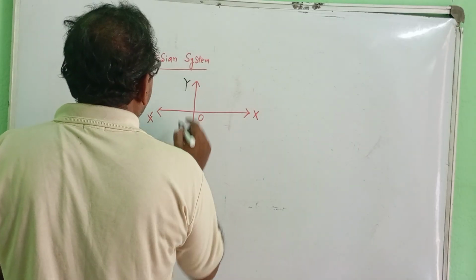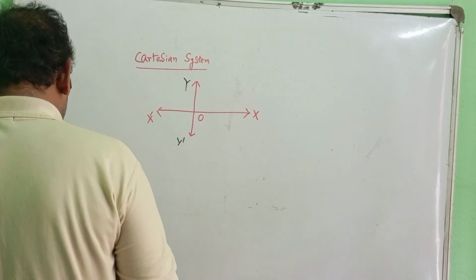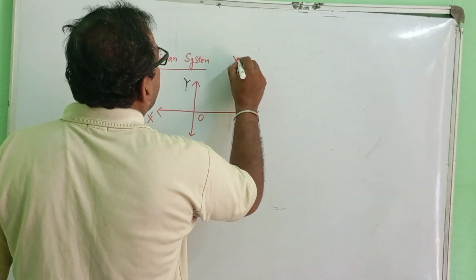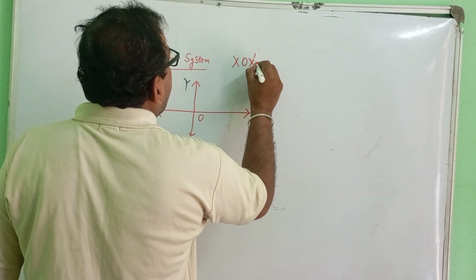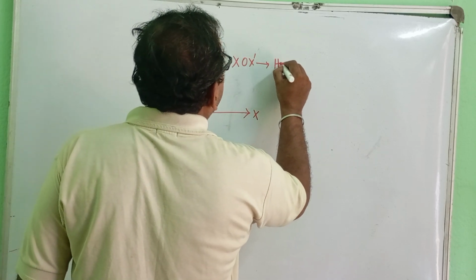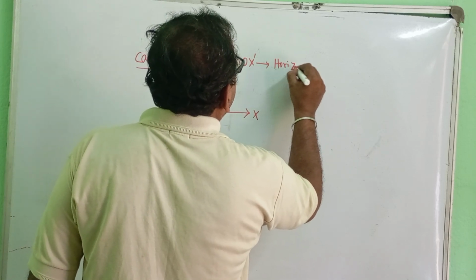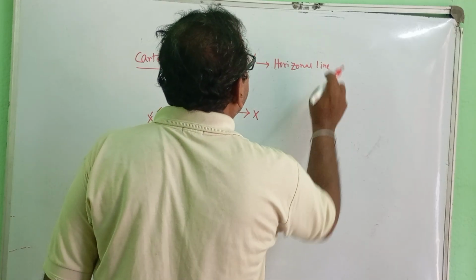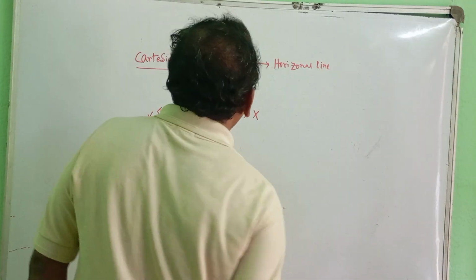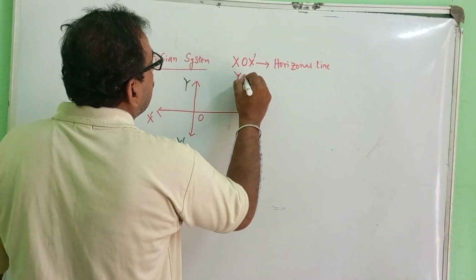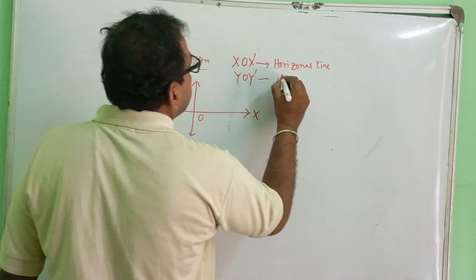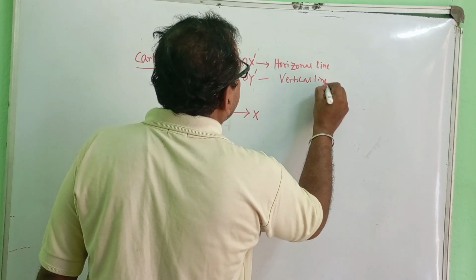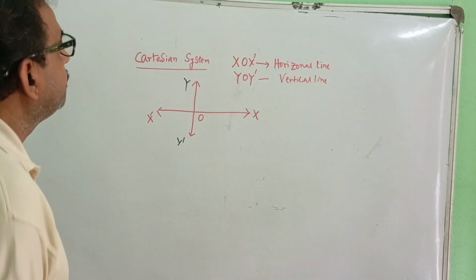This is Y O Y dash. Now X O X dash is the horizontal line, and Y O Y dash is the vertical line. Is it clear?